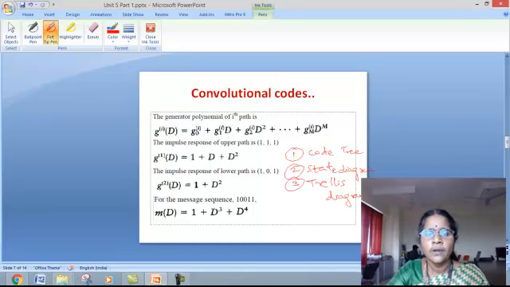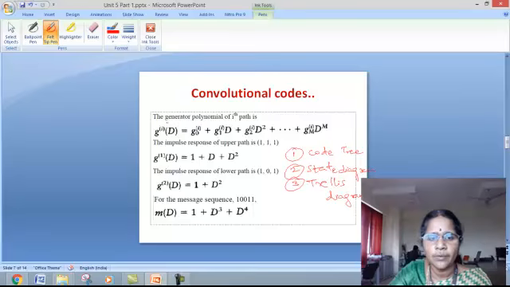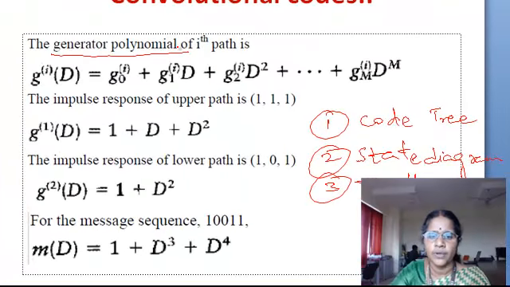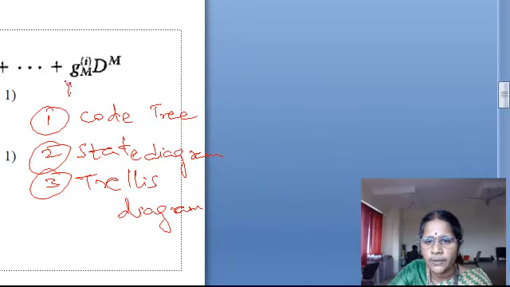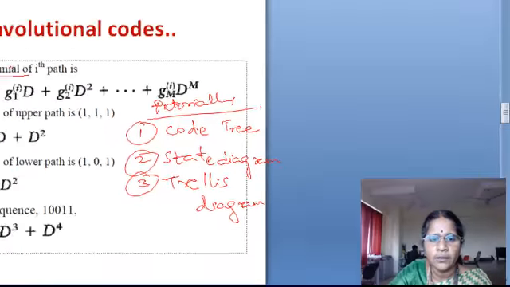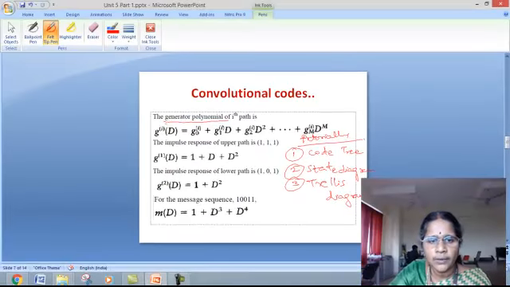However, we can describe the convolutional encoder by using the generator polynomial. Using the polynomial method, we can generate the code that is given here. This is doing it pictorially, and here we can produce the encoded output using these generator polynomials.